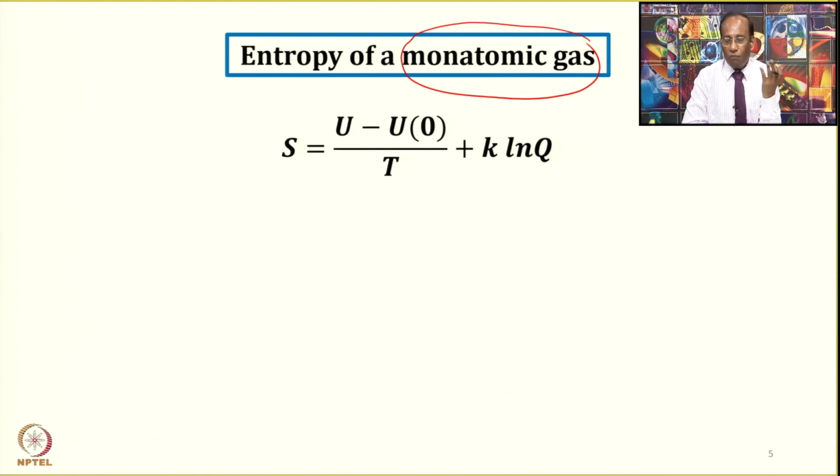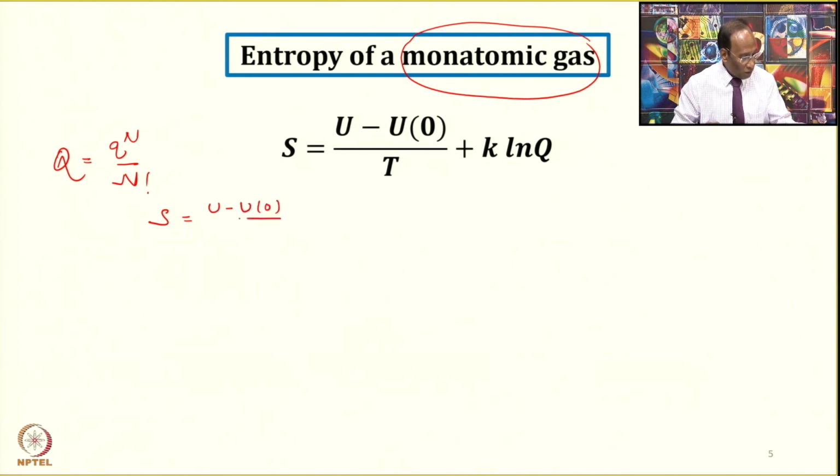When it is gas, obviously it is not going to be distinguishable, it is indistinguishable. Therefore, we need to use Q equal to q raised to the power N over N factorial. This is the expression that we need to use. Let us use that. So, I have S is equal to U minus U0 by T plus k log q raised to the power N over N factorial.